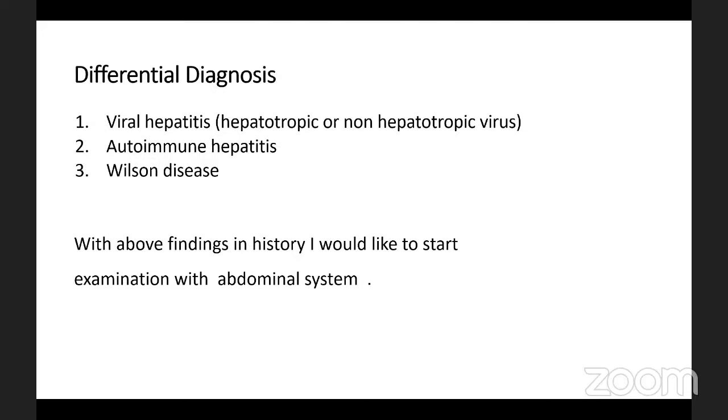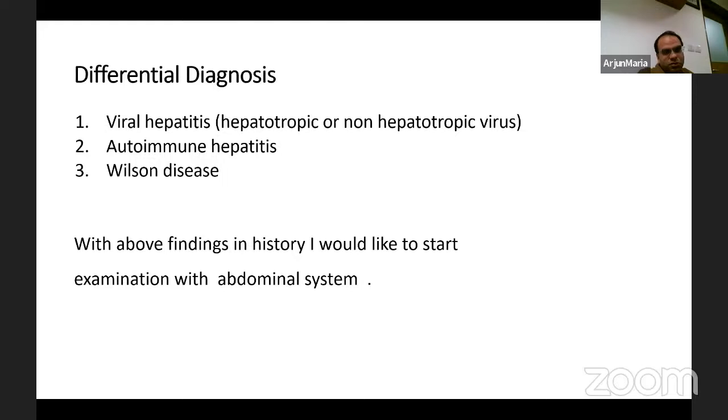Certain enteroviruses will present with diarrhea, although that can happen in hepatitis A also, but it is more commonly associated with enterovirus. Adenovirus will have URI symptoms followed by hepatitis. Parvovirus B19 will cause hepatitis, but it will be associated with sudden onset of pallor because it causes red cell aplasia. So these clues in the symptoms can point towards a non-hepatotropic virus.